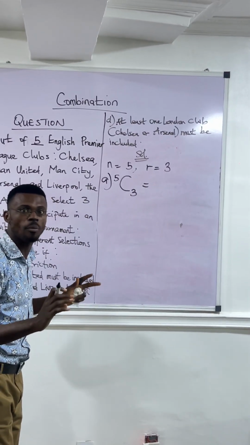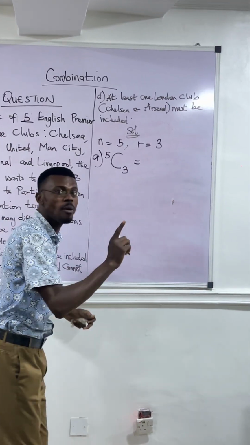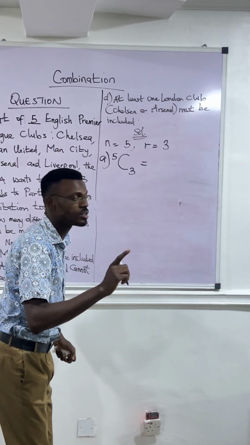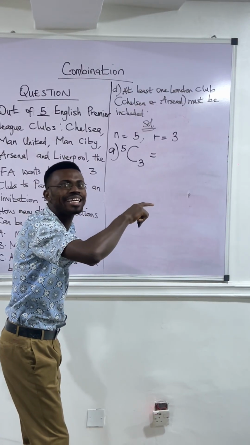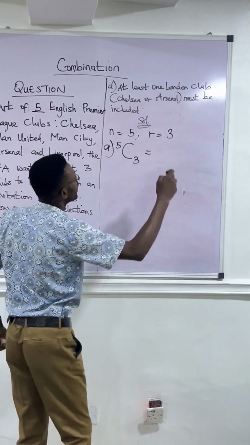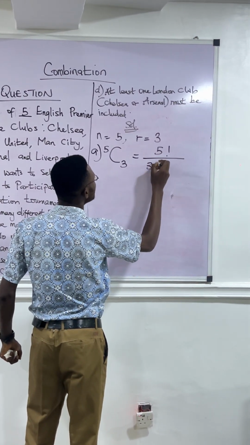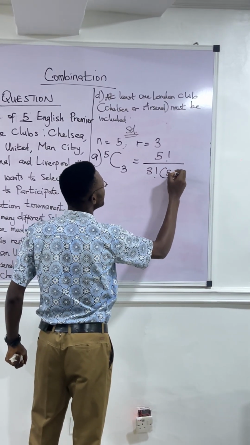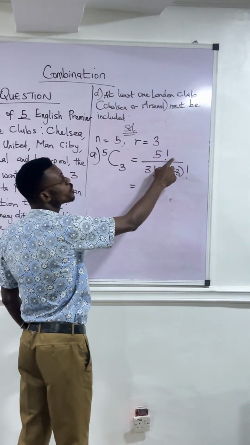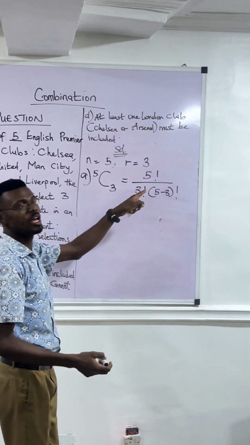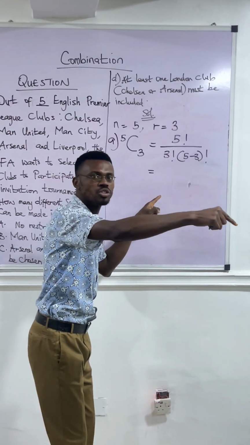Remember I told you combination simply means no order. So 5 combination 3. Now what's the formula for solving combination? I hope you have not forgotten. N factorial all over r factorial, then bracket n minus r factorial. So this becomes 5 factorial all over 3 factorial, then in bracket 5 minus 3 factorial. Remember, factorial means multiplying that number by whole numbers less than that number until you get to 1.